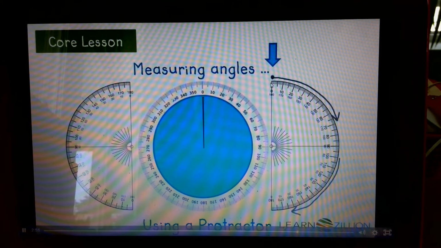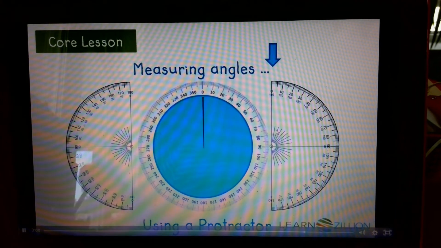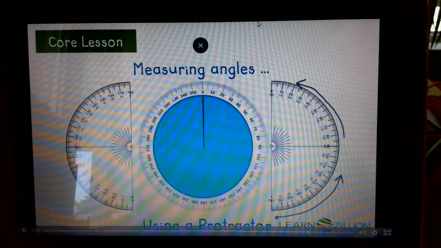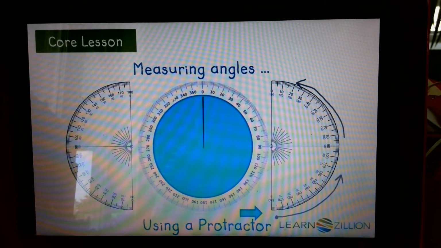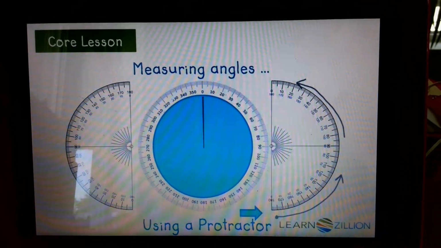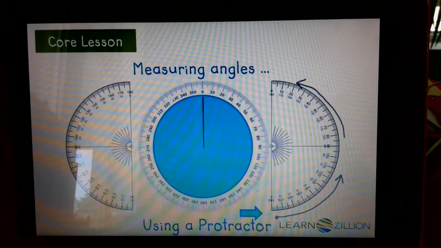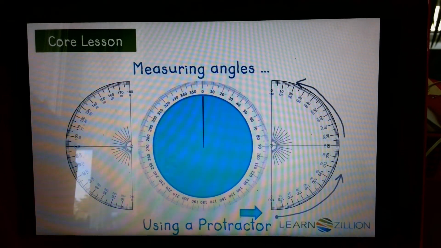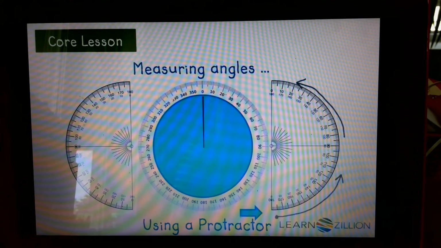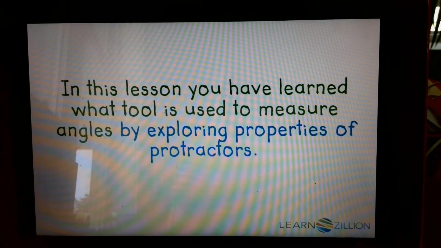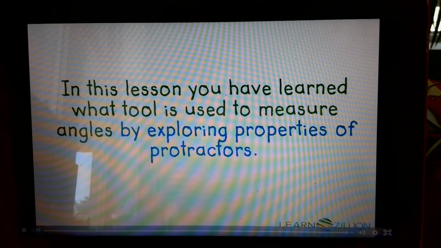The numbers then increase as we follow it around. What's unique about this particular protractor, though, is that there is also a starting point of 0 on the opposite side. There is a set of numbers that increase from that 0 as well. This way, an angle opening either to the right or to the left can be read using this one particular tool. In this lesson, you have learned what tool is used to measure angles by exploring properties of protractors.